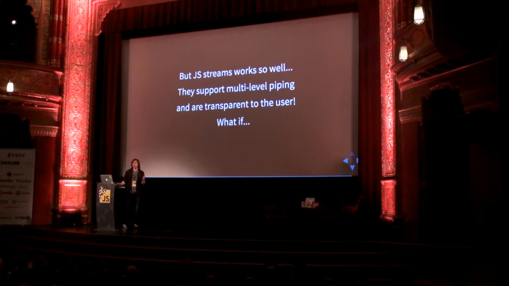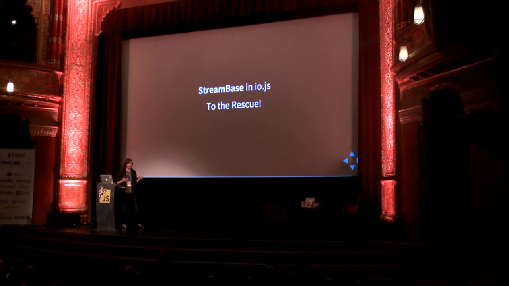So the question that I asked myself was, what if we could do the same thing in io.js? And this is what we did for StreamBase, for streams in C++.